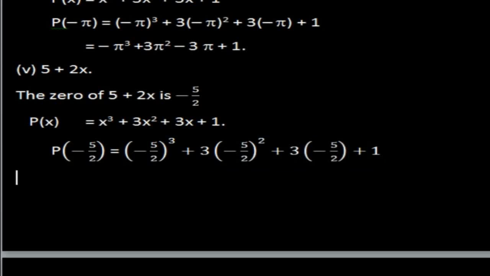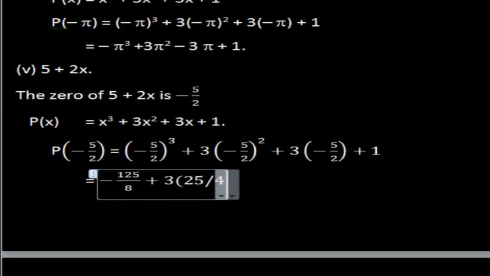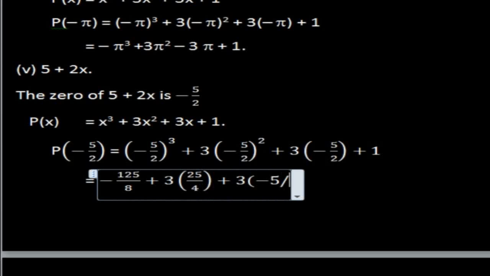On further simplification, cubing this we get minus 125 by 8, plus 3 into squaring that it becomes 25 by 4, plus 3 into minus 5 by 2 plus 1.